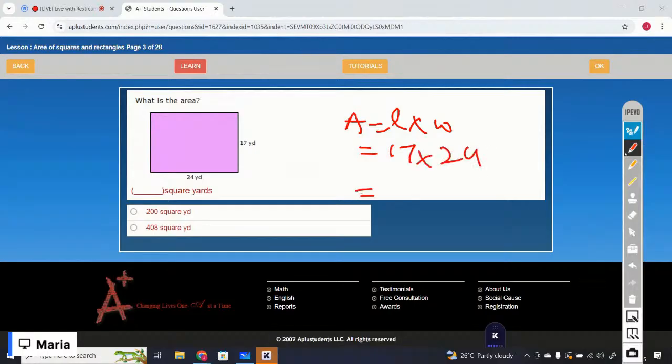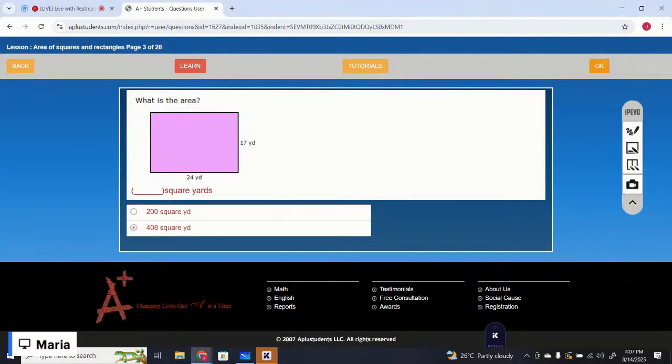So 17 times 4 is... that would be 408. Option number 2 is the correct option. That is 408 square yards.